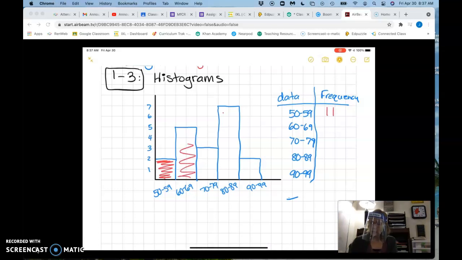For 60 to 69, I have 5. 70 to 79, I have 3. I have 7 there, and I have 2 again on 90 to 99. Okay? And so some of what you'll be doing is completing this frequency part for me. I'll ask you questions and say, you know, how many numbers are in the range from 70 to 79? And you're going to have to let me know.